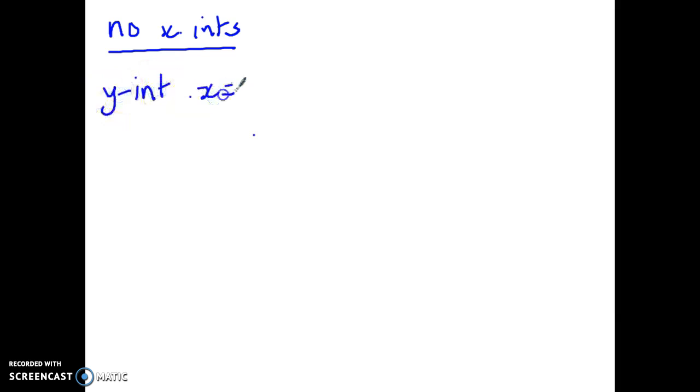So I know that I have no x-intercepts. My y-intercept, make x equals 0 from my equation, which I'll just write out again, was 3x squared, take 6x plus 5.